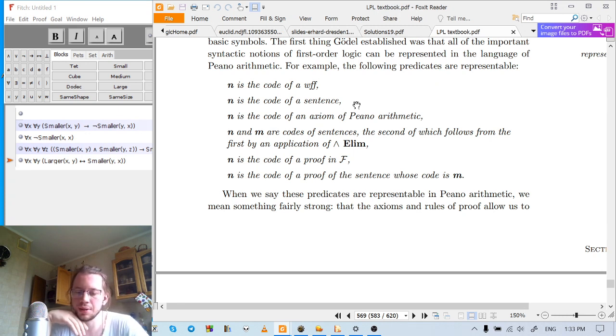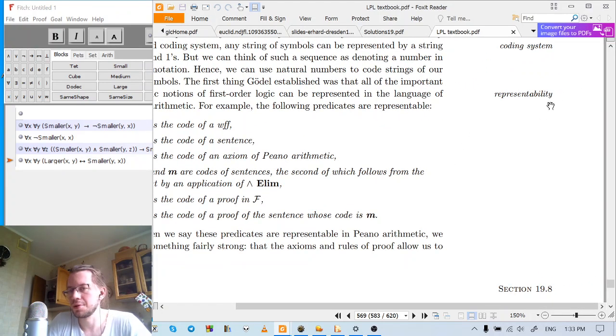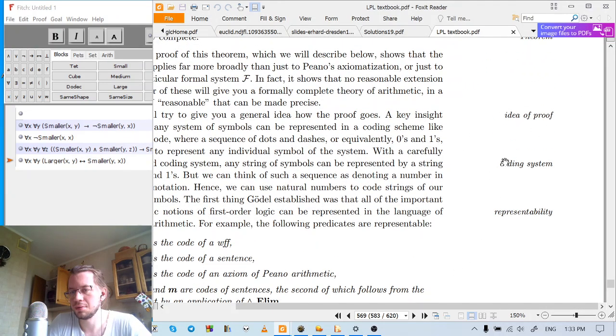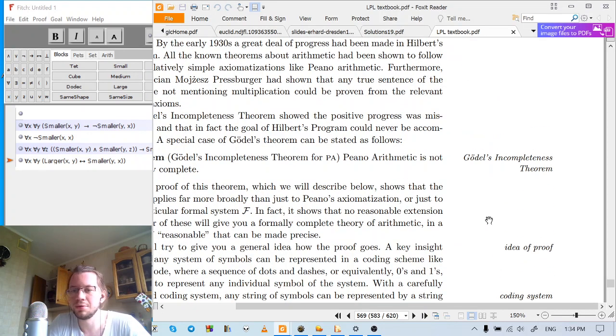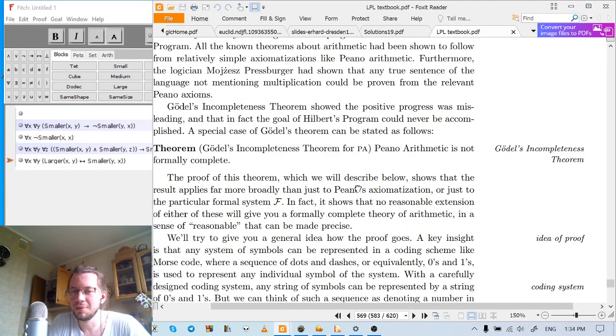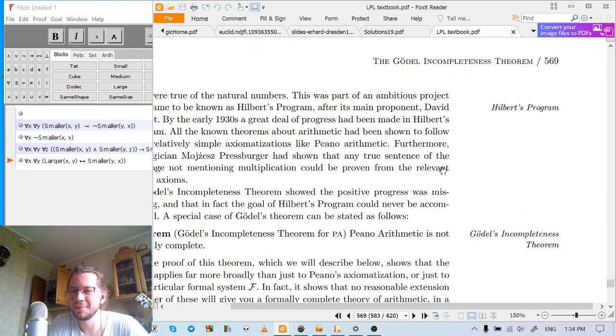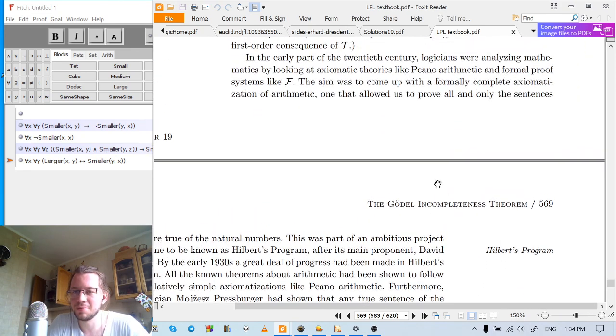Let's take a closer look. This paragraph is called representability. We talked about the coding system, the idea of proof, the title of the theorem, the theorem statement, I'm sorry, about Hilbert's program.